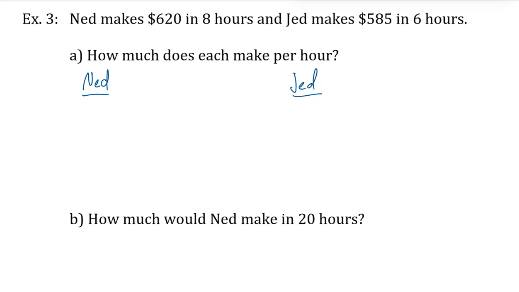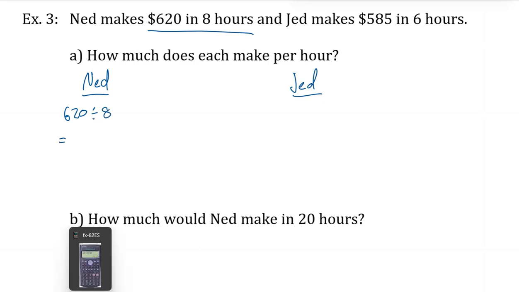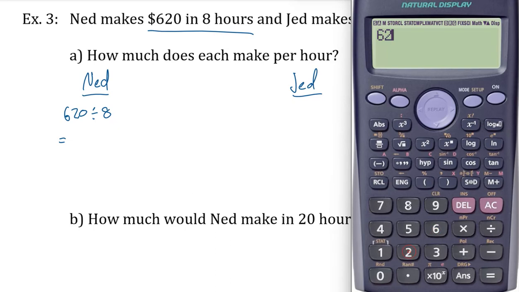To find Ned's, again, we're doing dollars per hour. Okay, there we go. And again, dollars per hour. So 620 divided by 8.